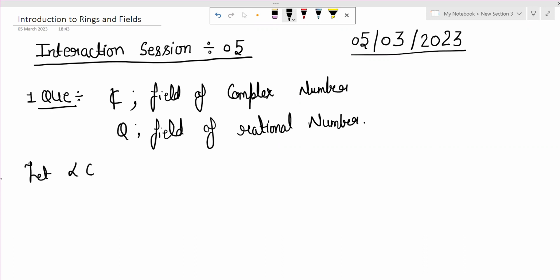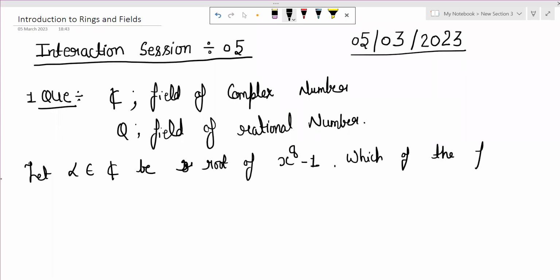Let alpha belong to C be a root of x to the power 8 minus 1. Which of the following are possible degrees of alpha over Q?